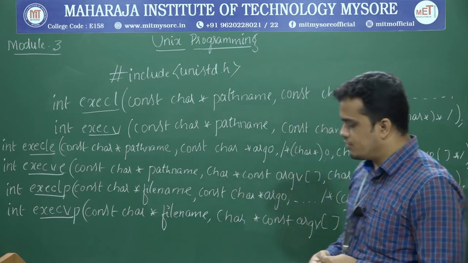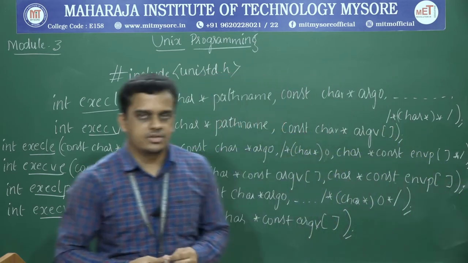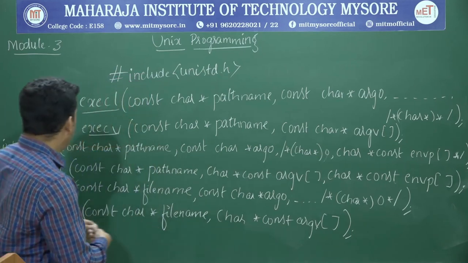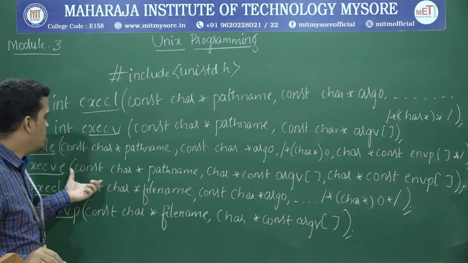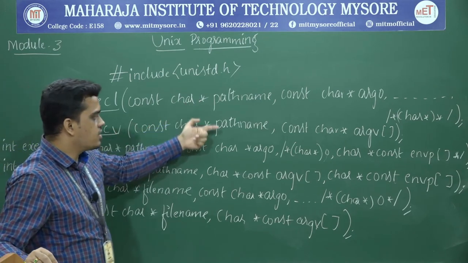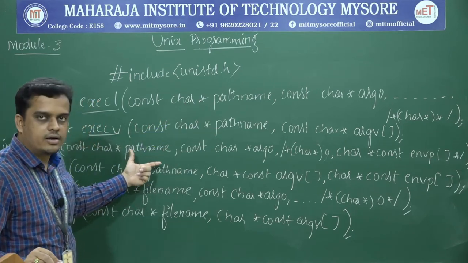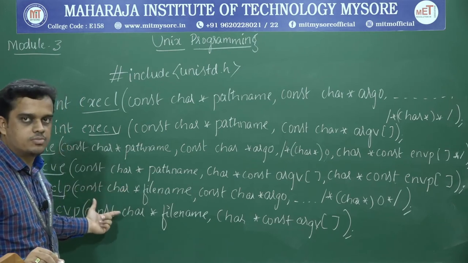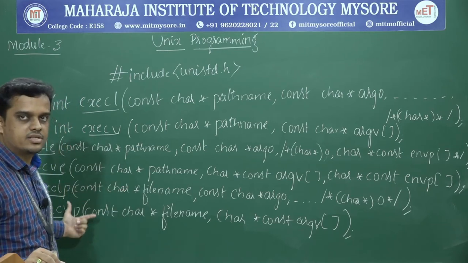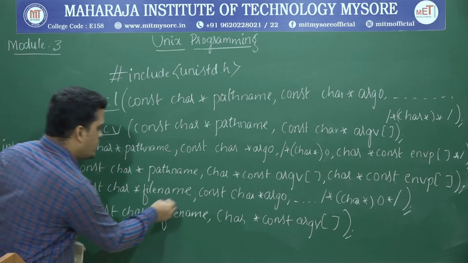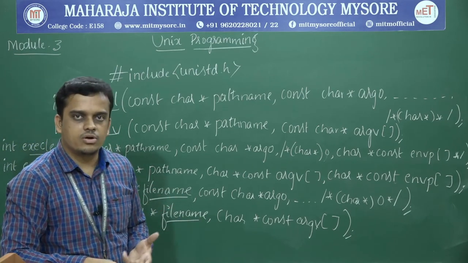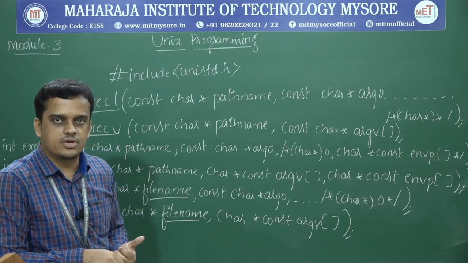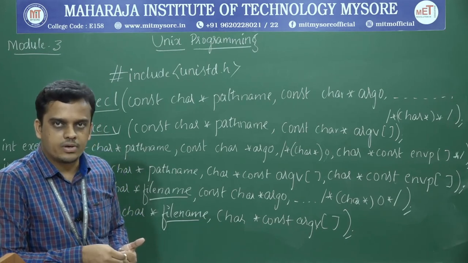First and foremost, the first major difference among the 6 exec forms is that the first 4 exec forms will take a path name as the first argument, and the last 2 exec forms, exec LP and exec VP, will take a file name as an argument. Whenever an exec API is executed, it will load a new program, isn't it?